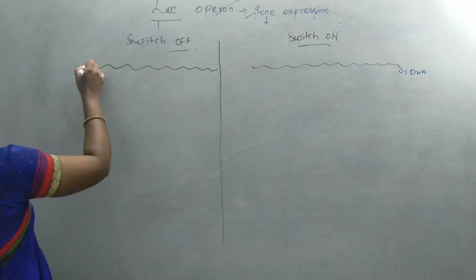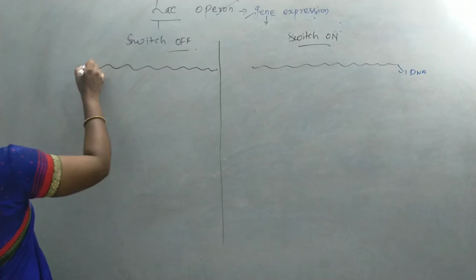When there is a need for lactose metabolism, the organism undergoes the switch on mechanism, where they switch on the genes to produce the proteins or enzymes necessary for lactose metabolism. If there is no need, if glucose is available in the environment, there is no need to go for lactose metabolism, because lactose metabolism is an energy consuming process.